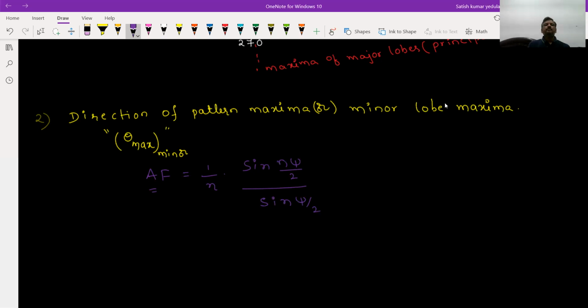To get the pattern maxima or minor lobe maxima, what we have to do is equate the numerator part, because the numerator will only be considered seriously here. The numerator part must be equal to plus or minus 1, and whatever theta is present on this side will give you the maxima of the minor lobe.